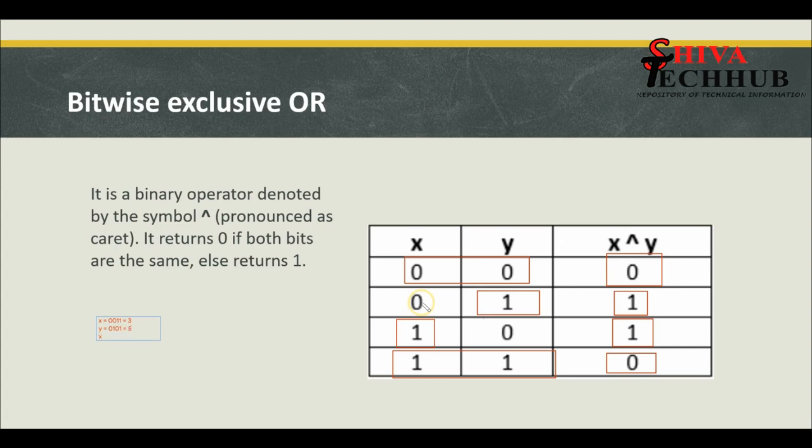Then x exclusive OR y, which is denoted by the cap symbol. Let me find it out. x cap y equal to 0110. According to the 8421 format, it will be equal to 6. So this is how you need to understand bitwise exclusive OR.